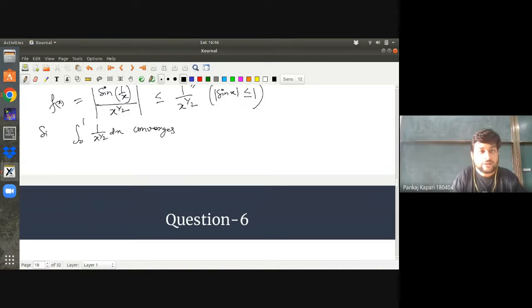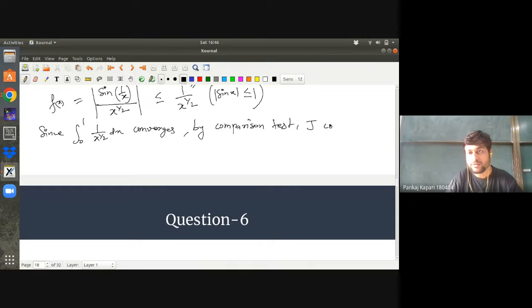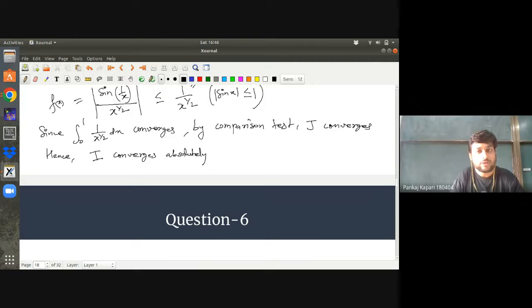So we can write, since this integral converges, by our comparison test the integral J converges, and hence the integral I converges absolutely. Now we know that absolute convergence implies convergence, and therefore I also converges.